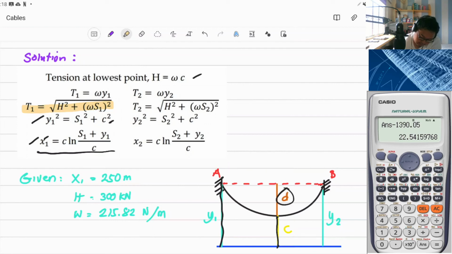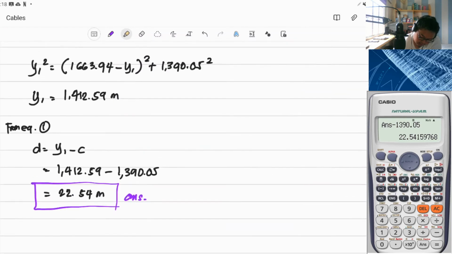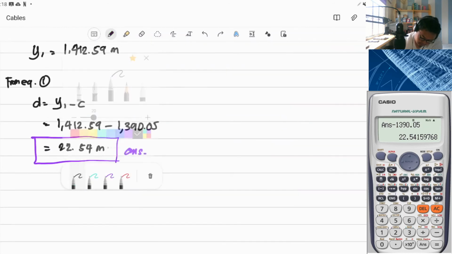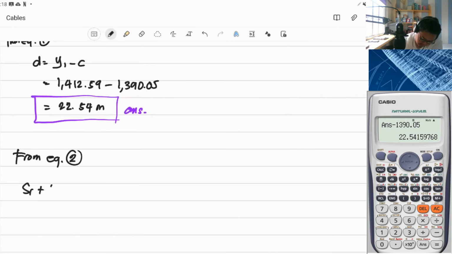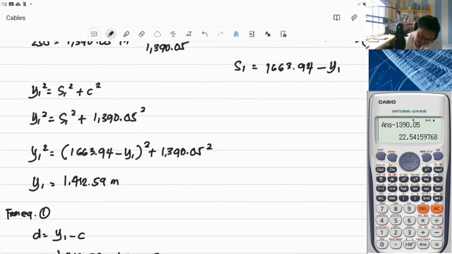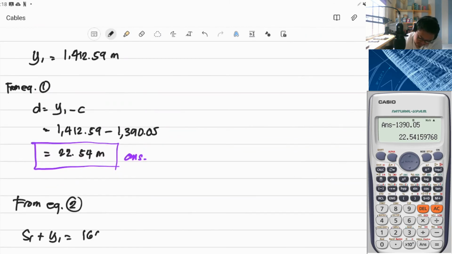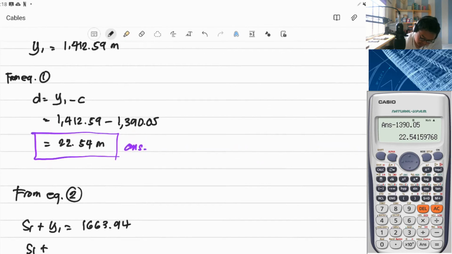To solve for this, we have to solve first for S1, because we have equation 2: S1 plus Y1 equals 1663.94. We can solve for S1 because we have Y1 already, 1412.59.